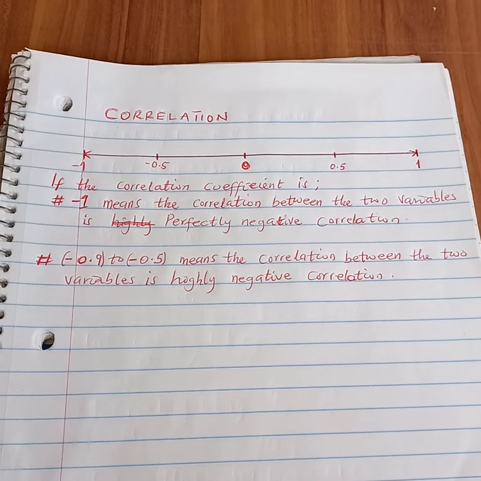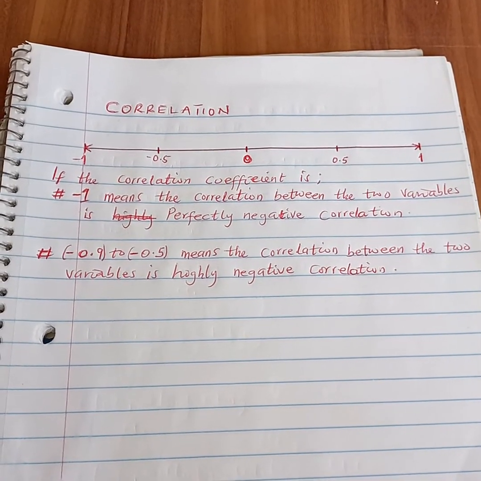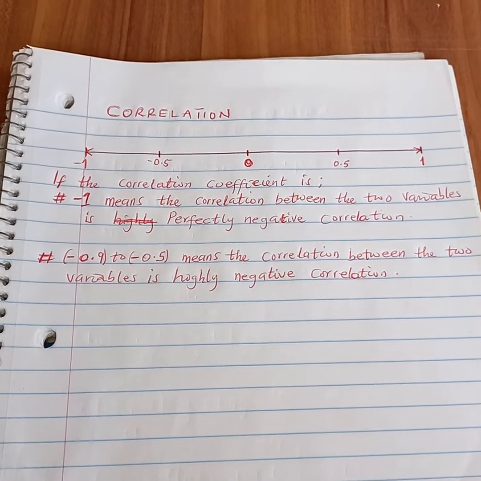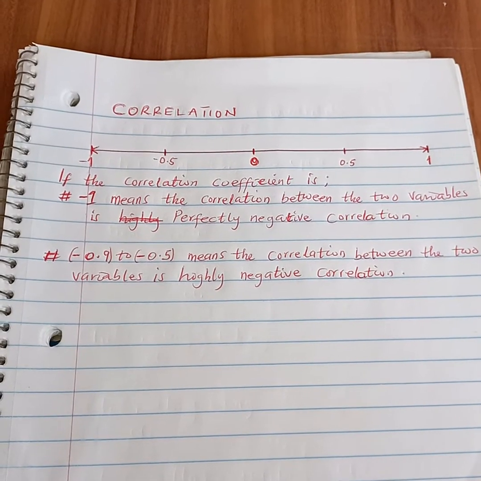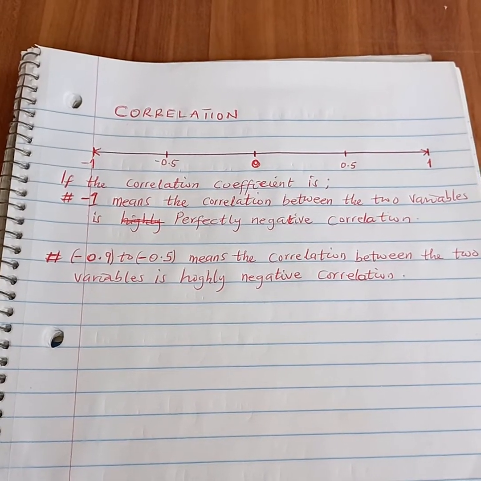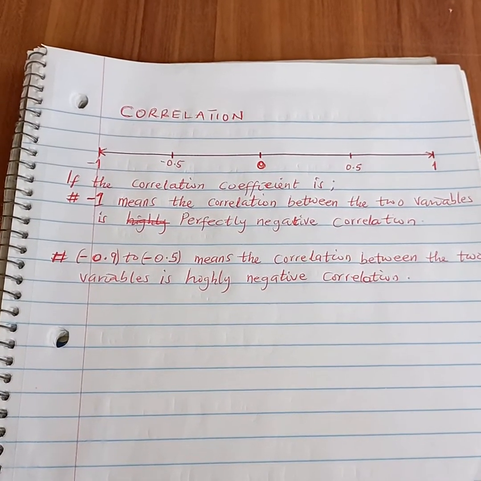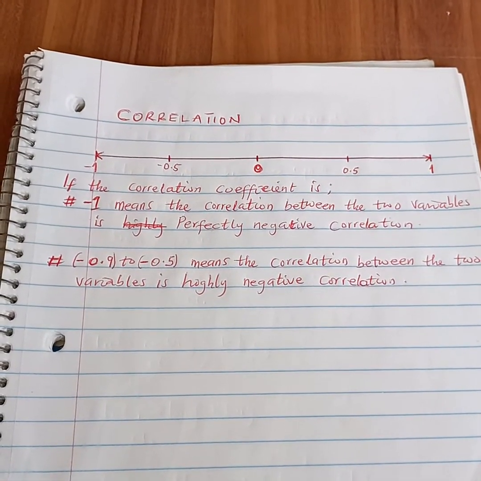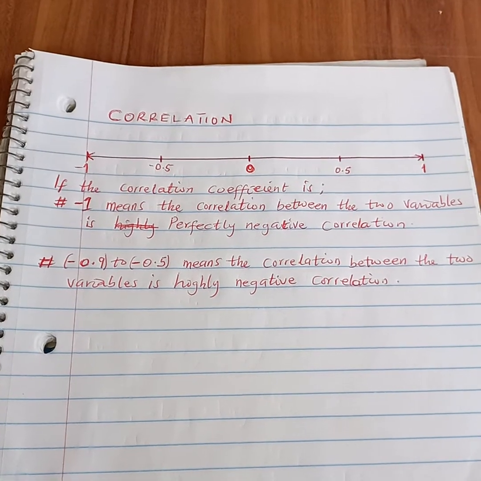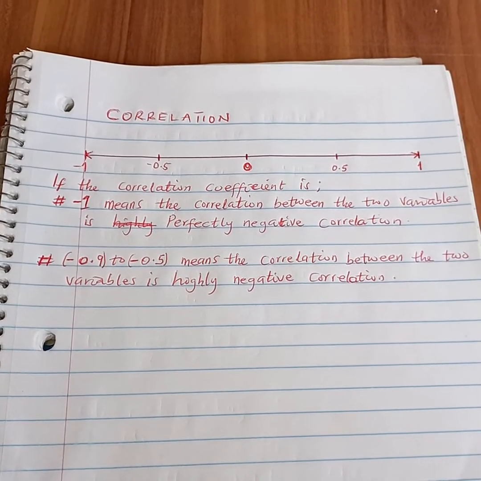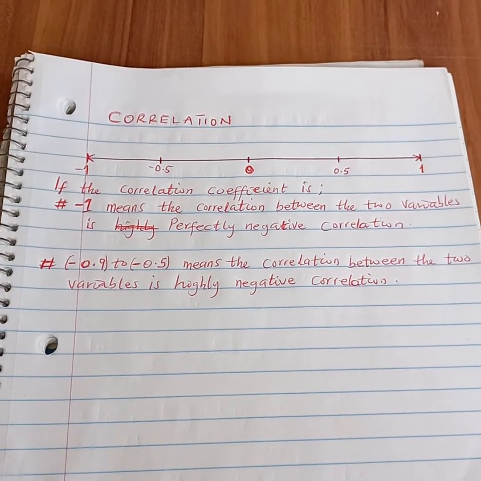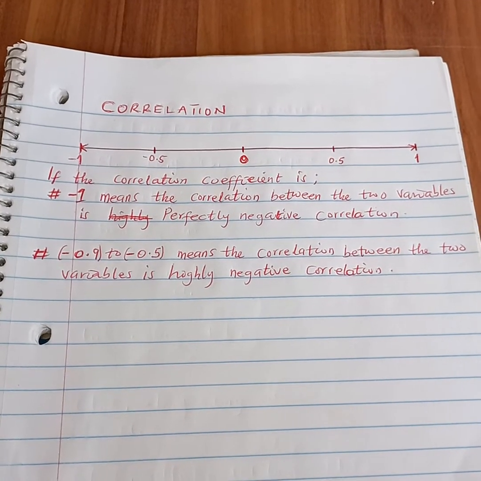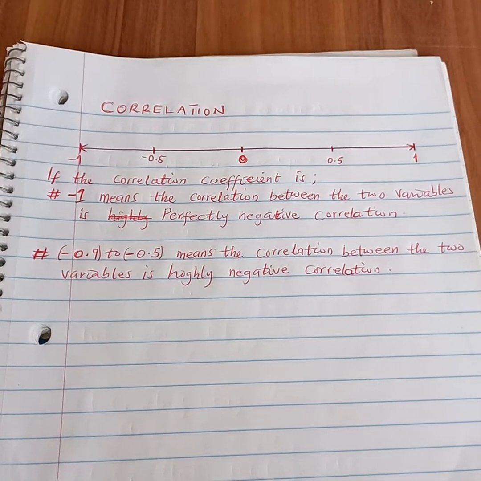It means that when you get -0.9, -0.8, -0.7, -0.6, and -0.5, when you get any of these figures, then the correlation between the two variables is what? Highly negative.